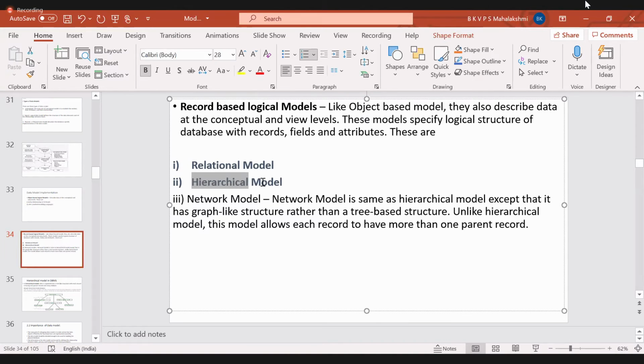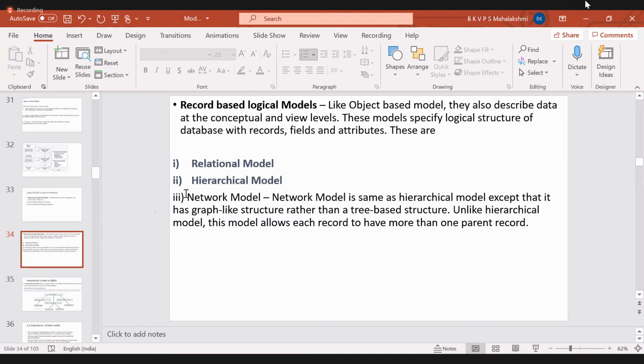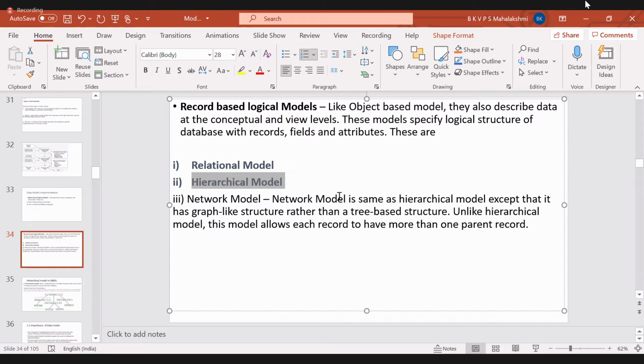But the hierarchy model follows a tree structure. But remember only one thing, the network model has a graph-like structure, and the hierarchy model has a tree-based structure. And one more difference I want to tell you is, in the network model the records may have more than one parent node, but in the hierarchy model, a record has only one parent node.